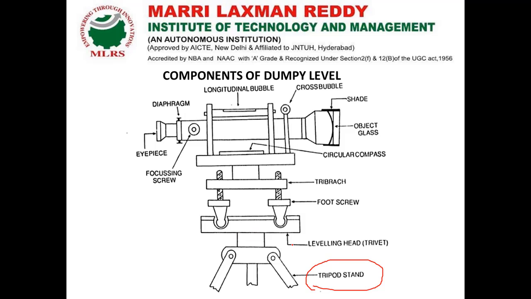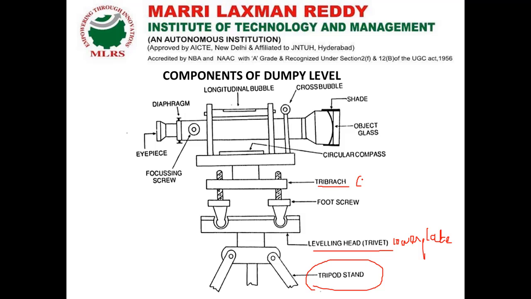So the instrument consists of, first one, the leveling head or trivet. This is nothing but the lower plate. Next one, we are having the foot screws. Over the foot screws we are having one arrangement that is called the tribrach.